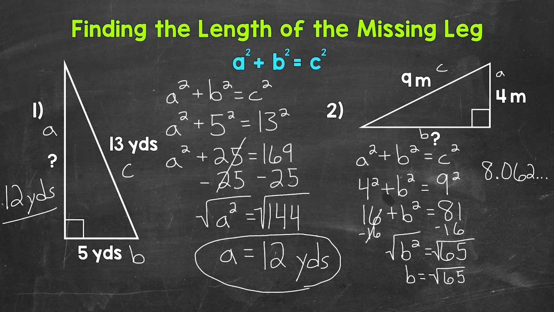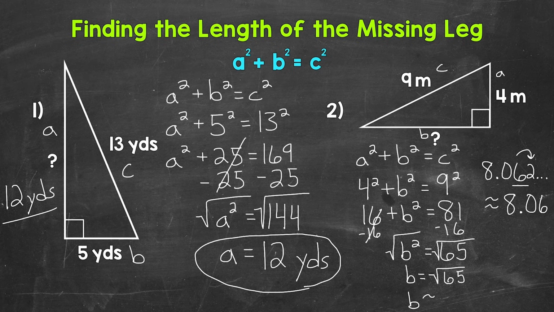So I'm going to write it to the thousandths place. That way we can round it to the hundredths place. There is a 2 in the thousandths, so this rounds to, or is approximately, 8 and 6 hundredths.